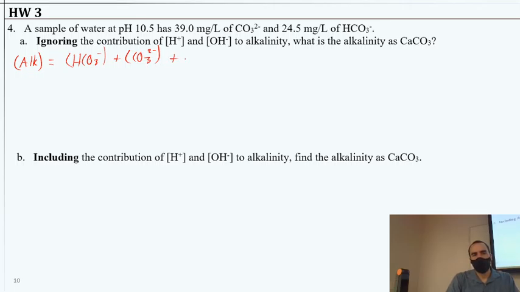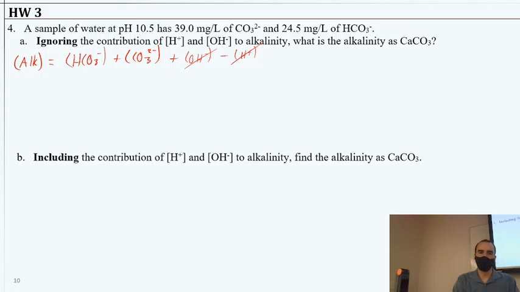If we were not ignoring OH minus, we'd put that here, and then we'd have us subtracting the H plus, but the problem says we're ignoring those, so we're just going to ignore them. However, that's going to be our equation for the next time. This would technically include other species too if there were any others relevant, but we have a pretty simple system here.